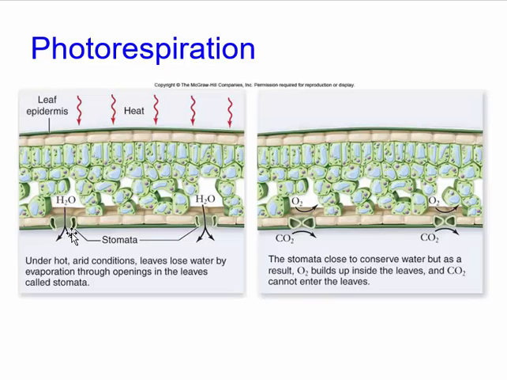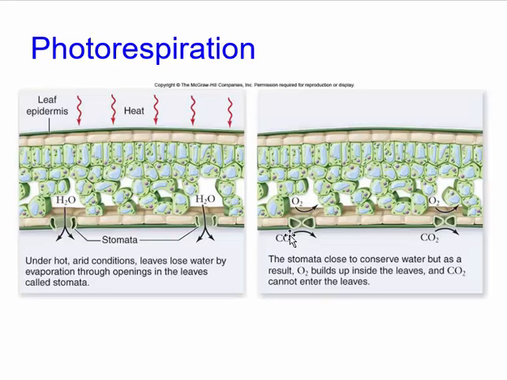So they close, that prevents water loss. That's good, I don't want to dry out. But what also happens is a byproduct of photosynthesis is oxygen, and because it cannot leave this tissue, it starts to build up as photosynthesis goes on. So more and more oxygen is present here, and then that will start being used by Rubisco.